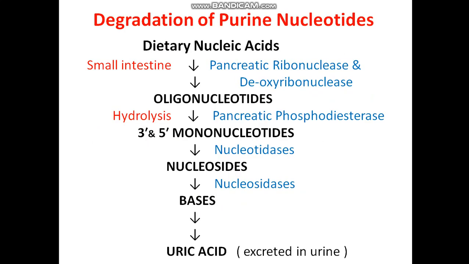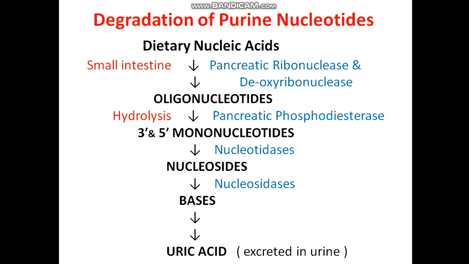Now coming to the degradation of purine nucleotides, what happens? The dietary nucleotides are not incorporated in DNA and RNA. So what happens to them? The digestion starts at the level of small intestine, where pancreatic ribonuclease and deoxyribonuclease enzymes convert the dietary nucleic acids to oligonucleotides.